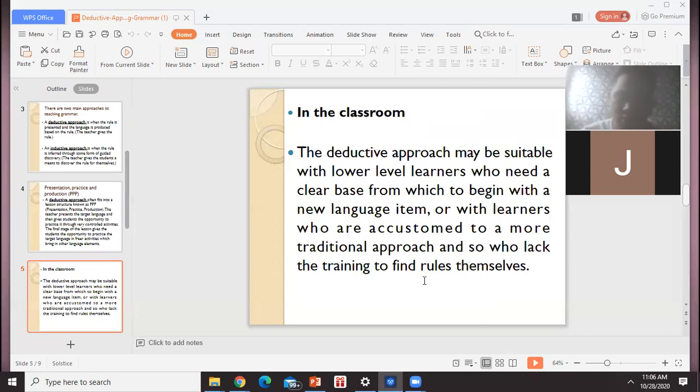So here the responsibility of the teacher is present. The deductive approach helps the students to understand the context of teaching grammar.